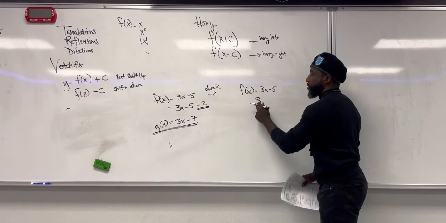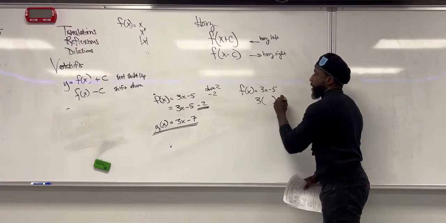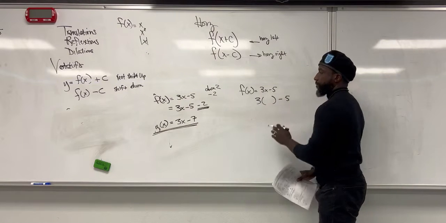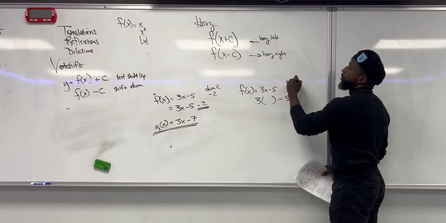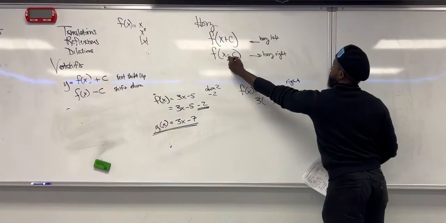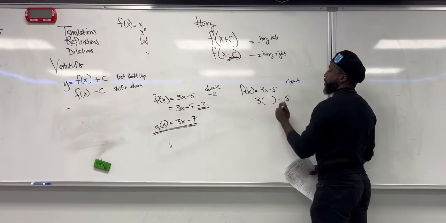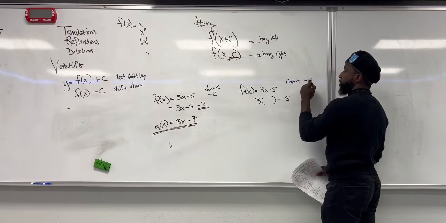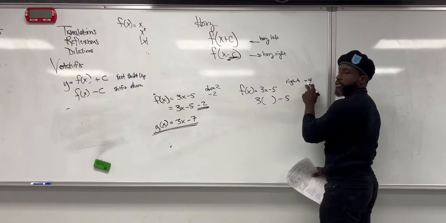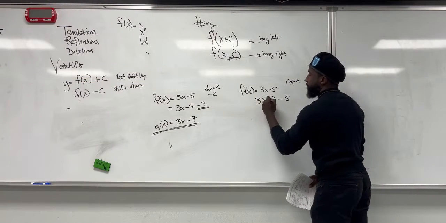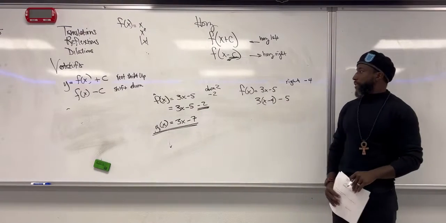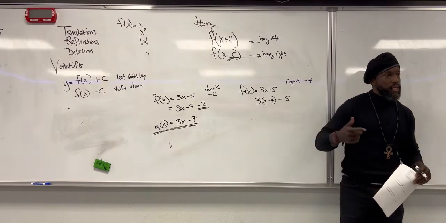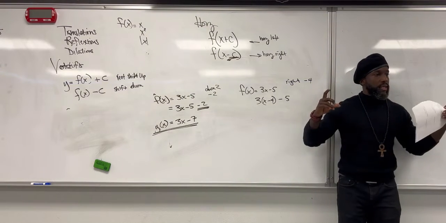So you've got the 3 here, and then you've got the minus 5. To the right means, as a horizontal move to the right, it's going to be minus the c. So again, it's going to be inside parentheses. So 4 units to the right, it's going to look like this, minus 4. So it'll be x minus 4, all right? So for horizontal moves, put it in parentheses. All right?